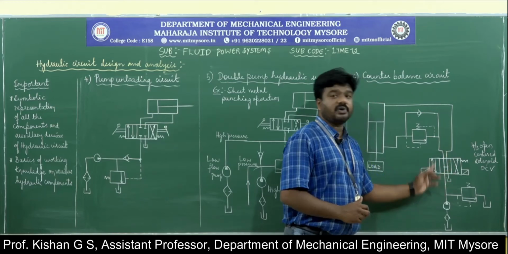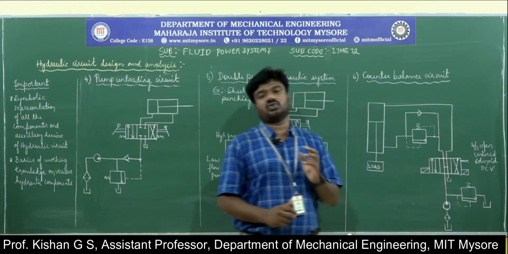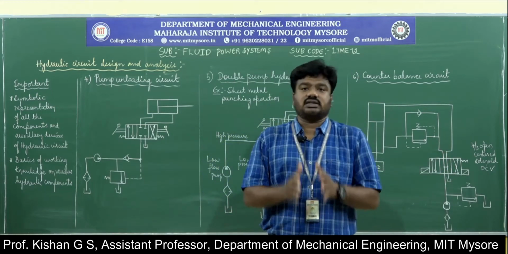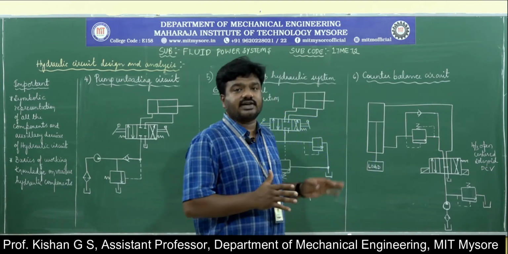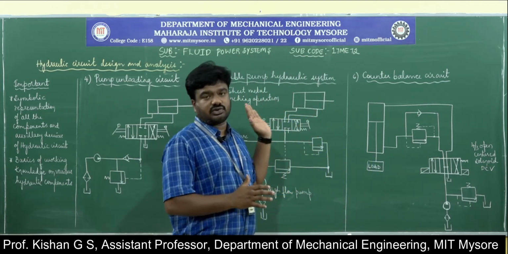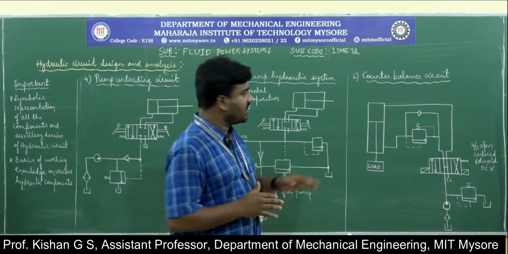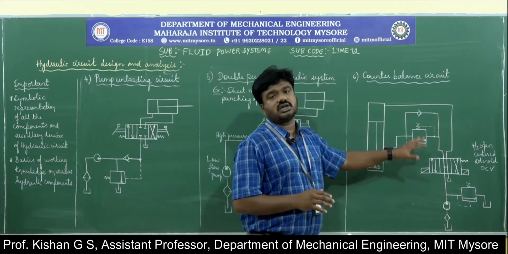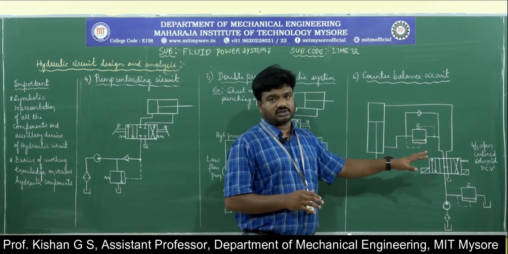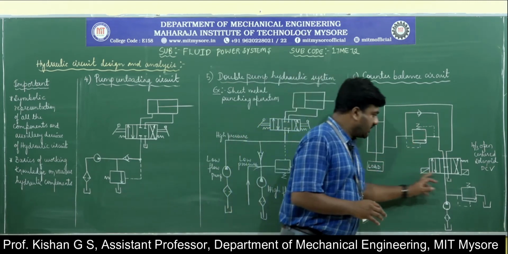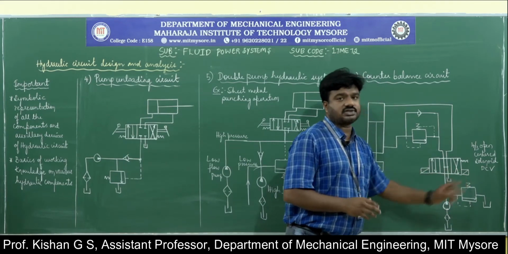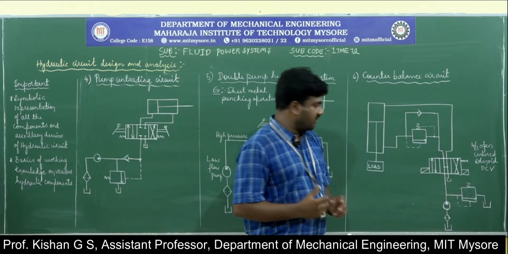It is an open centered direction control valve, which means that at the center position, unlike in the other types of circuits we have studied, which had a center off condition, here in the counterbalance circuit it is an open centered application. These 2 additional entities represent the solenoid actuators.